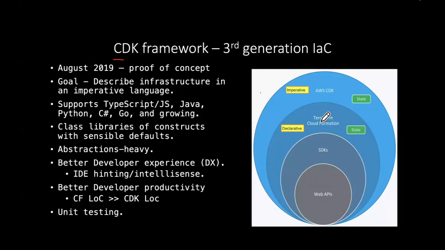We now described the infrastructure that we required using a templating language, JSON or YAML. We provided that template, we uploaded it essentially to the CloudFormation service, and it took care of getting the various other AWS services to create our infrastructure for us.